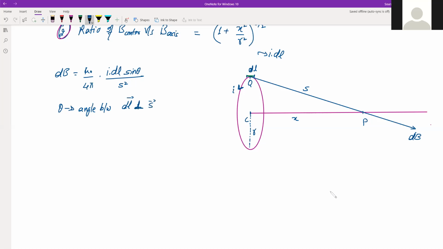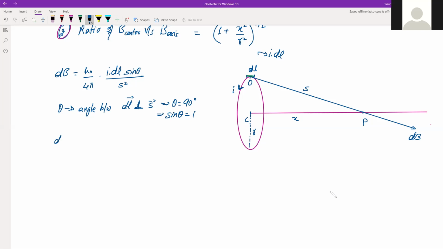If we take them as vectors, then they have direction, and this dl is always perpendicular to S. This green line, which is dl, and the OP, these two lines are perpendicular, right? So that means theta is equal to 90 degrees, and that's why sine theta will be equal to 1.